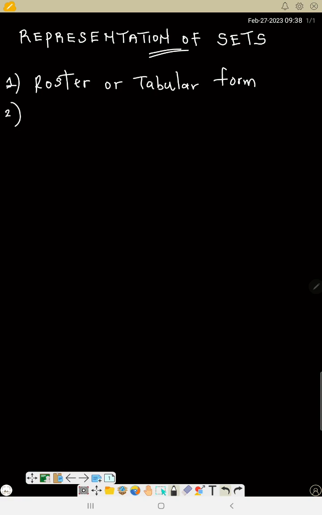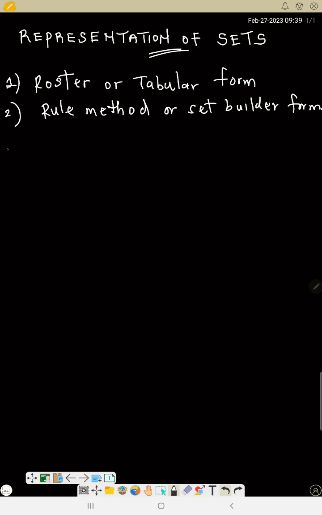Two, rule method or set builder form. So these are the two ways we can represent a set.